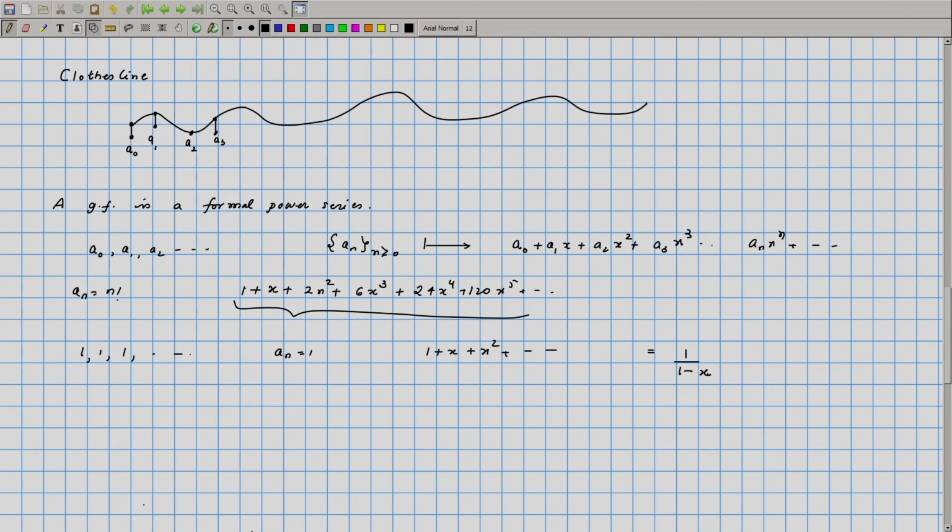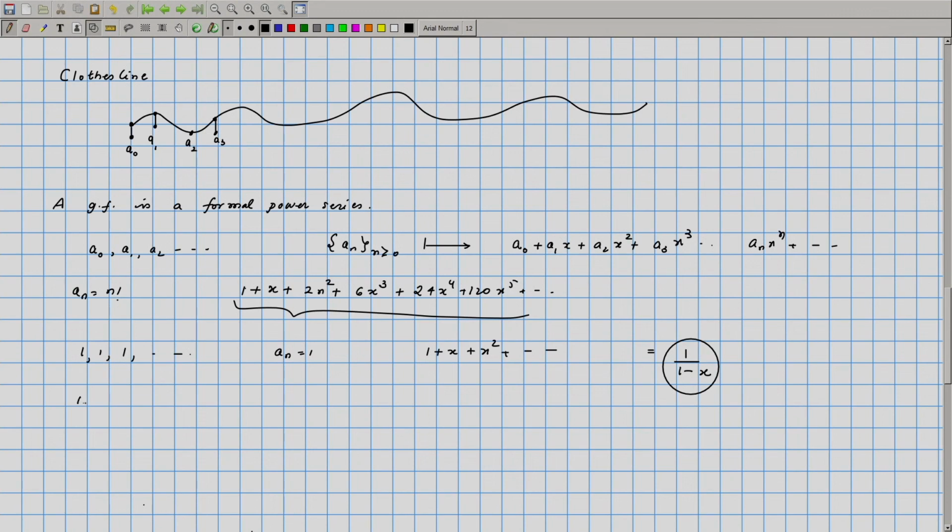Okay. So, you can think of this as rolling the generating function together into a simpler expression. Instead of telling the whole power series, you can just say that we are looking at the generating function 1 by 1 minus x when we were thinking about the sequence 1, 1, 1, 1 and so on.